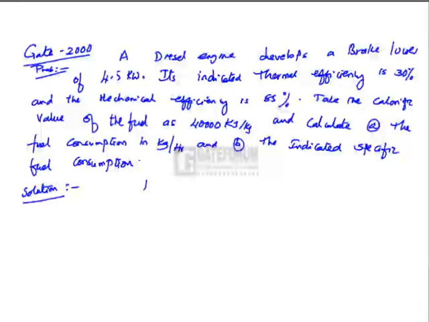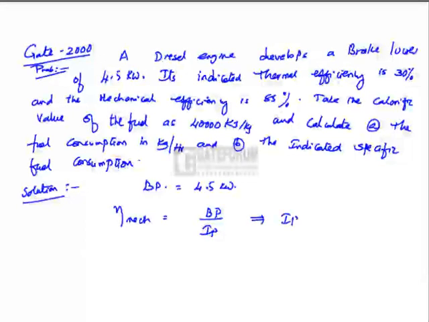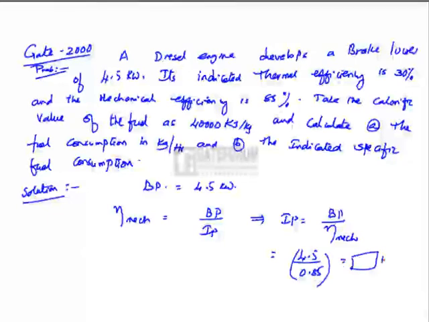The data is given as brake power 4.5 kilowatts. Because the mechanical efficiency is defined as brake power divided by indicated power, indicated power is BP by mechanical efficiency, which is given as 85%. That is 4.5 divided by 0.85, which gives the indicated power in kilowatts.